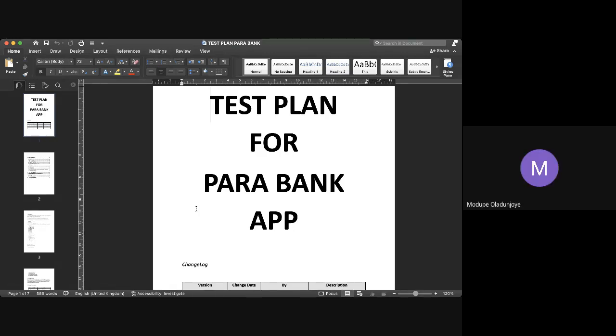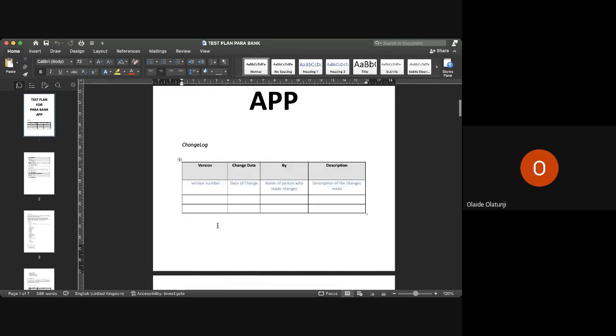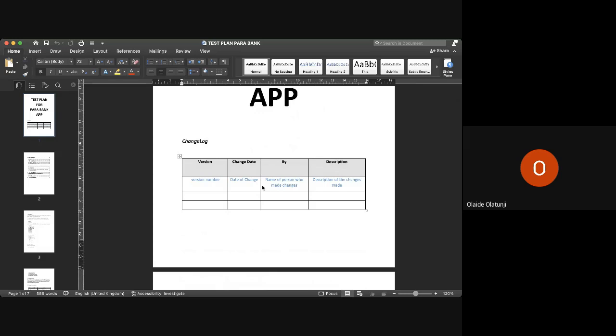Okay. So first and foremost, you need to fill this. Are you with me? Yes. We can give it any version number. It can be 0.0.01. Just make sure you give it a number.